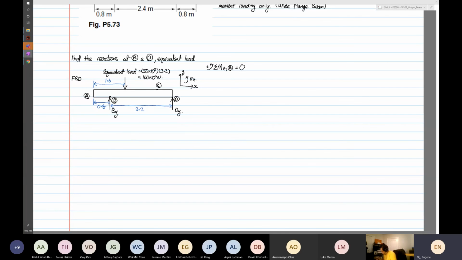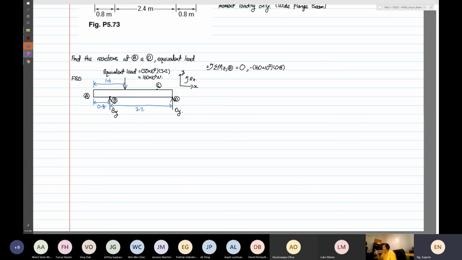When we take moment at point B, the equivalent load is 160 times 10 power 3, and it's going clockwise, right? So minus 160 times 10 to the power 3 multiplied by the distance, which is 0.8.